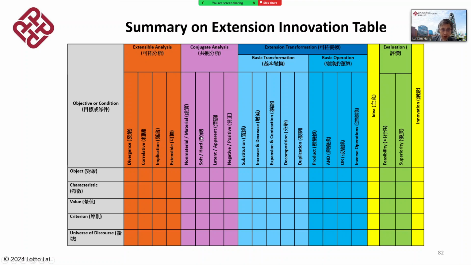And then you go through the extendable analysis, and then the conjunction analysis. After you create many ideas, you have the basic transformation or basic operation, and then summarize all ideas, evaluate for feasibility and superiority, and identify your innovation idea here.